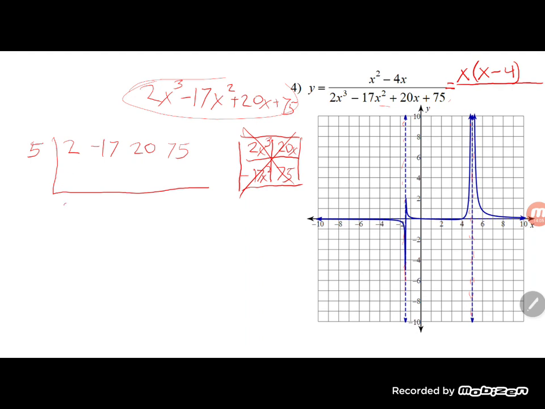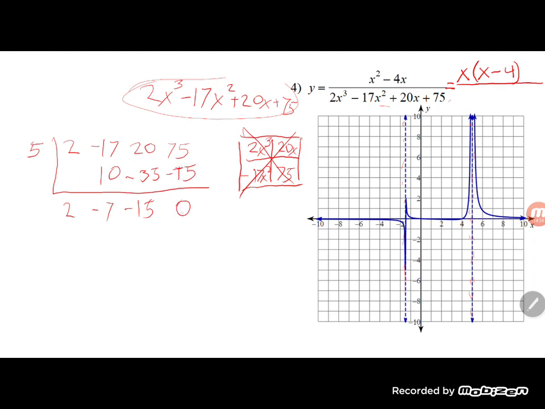Okay, so we synthetically divide. 2 times 5 would be 10, minus 17 would be -7, times 5 would be -35, plus 20 would be -15, times 5 would be -75, plus 75 gives a remainder of 0.